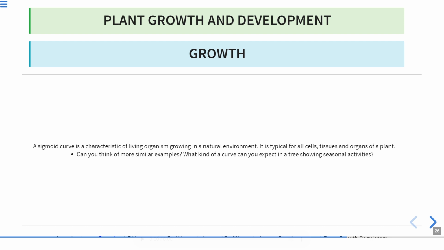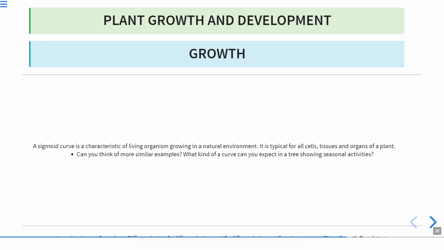In the case of different organs of the plant, you see this type of curve. In the case of tissue, in the case of different organisms also, you see this type of curve, right? So it is typical for all cells, tissue and organ of a plant. You can see this type of curve in the growth of the cells, tissue and different organs of a plant.